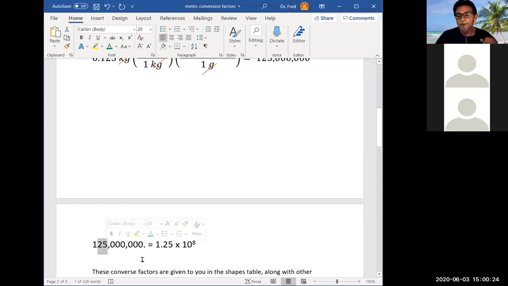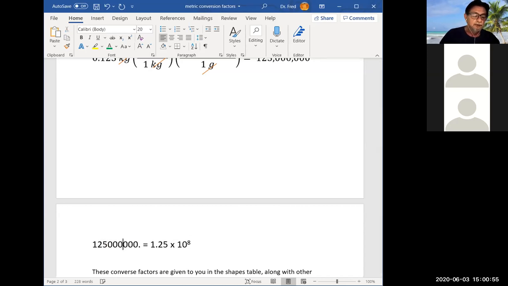So the total is 8. Do you see that? So for large numbers, you go from right to left. That's correct, Paola. No matter how big the number is, you're always going to go to the first whole number all by itself, right in front. Let me get rid of the commas.